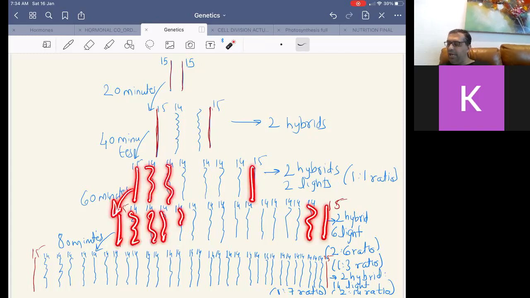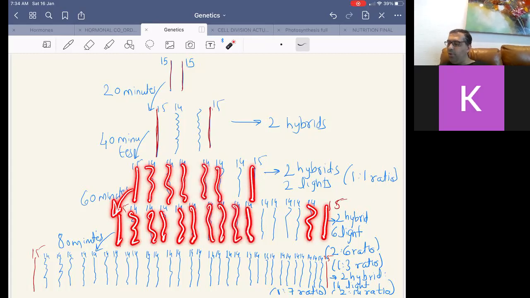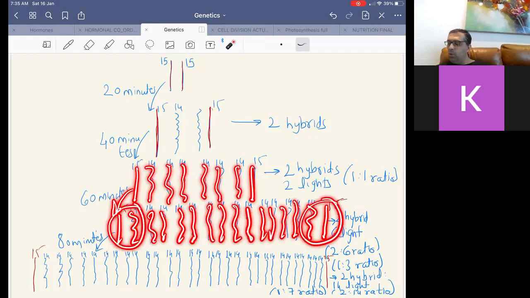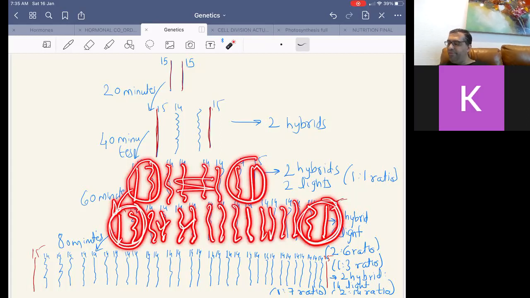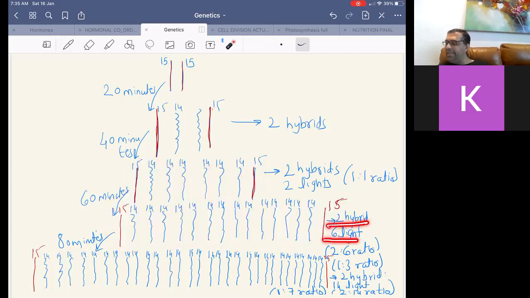So two hybrids, and in between there are six lights: 1, 2, 3, 4, 5, 6. So you have two hybrids and six lights in a ratio of 2:6 or 1:3.